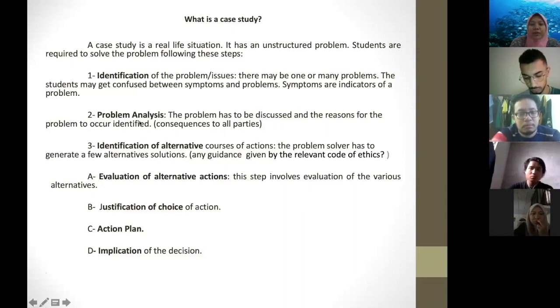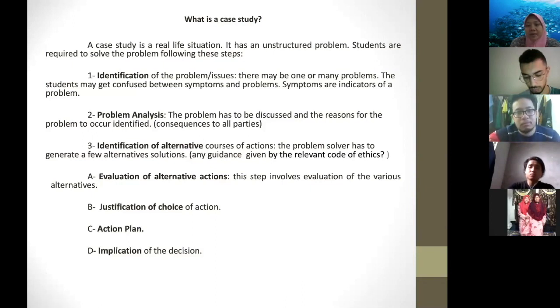Also, when you do the problem analysis, you need to think of the consequences to all parties. When you discuss a problem, what are the consequences of the problem to other people? For example, consequences to the environment, to the public, to the employer, to the company, and to you.